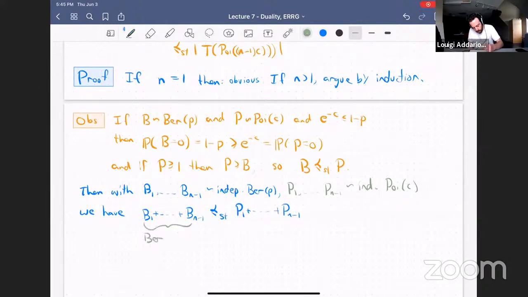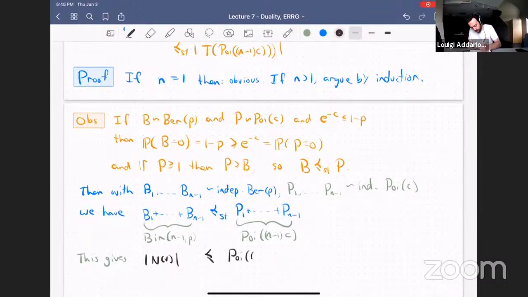This is binomial (n minus 1, p), and this is Poisson (n minus 1)c. On the left, we have the distribution of the neighborhood of v in the random graph, and so that's at most a Poisson stochastically.